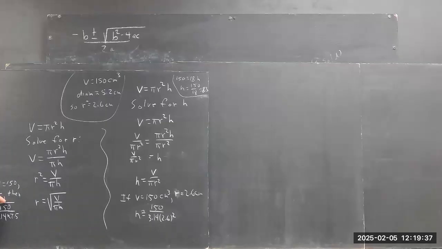Here then r would be the square root of this. Okay. You got a square root key on your calculator, right?